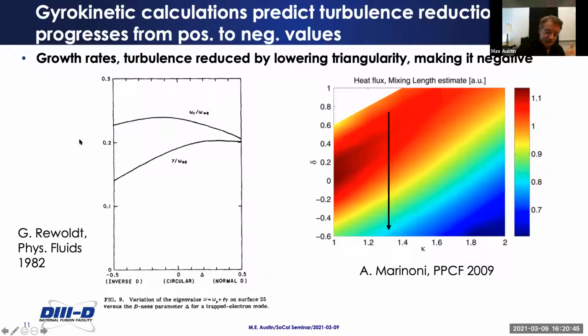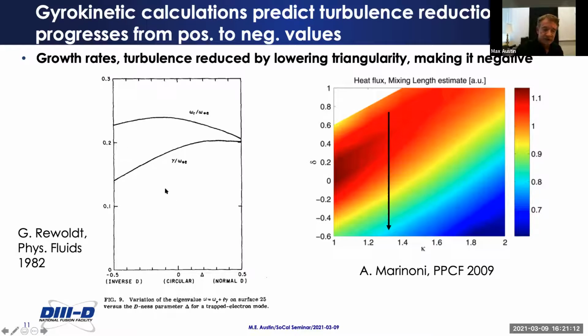At this time, the original tokamaks, of course, were circular, but in the mid to late 70s on into the early 80s, people came to realize that shaping the plasma in something other than a circle may have benefits, in particular with MHD stability. So there are a number of papers from this time period that investigated not only MHD stability, but also turbulence.